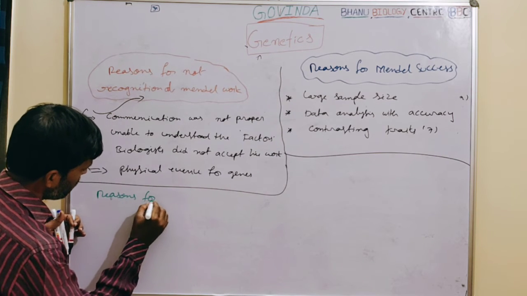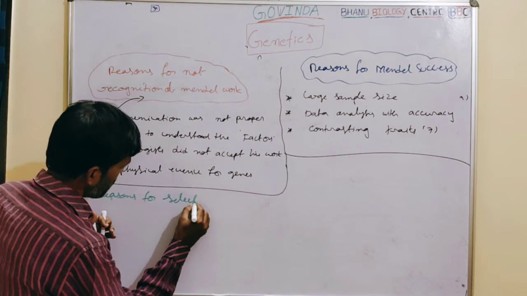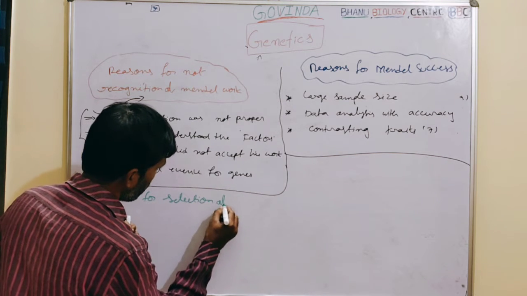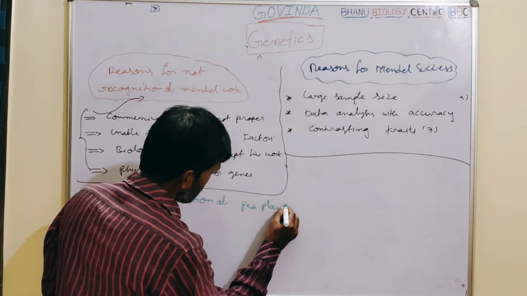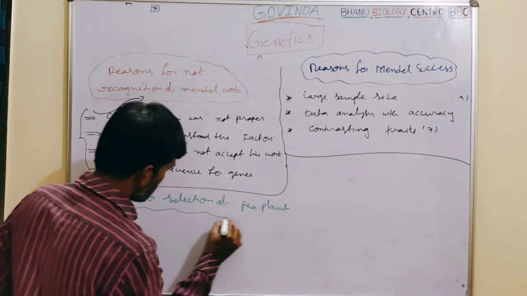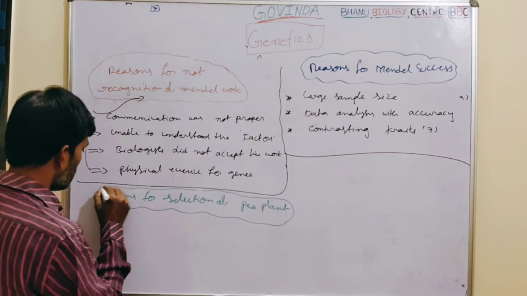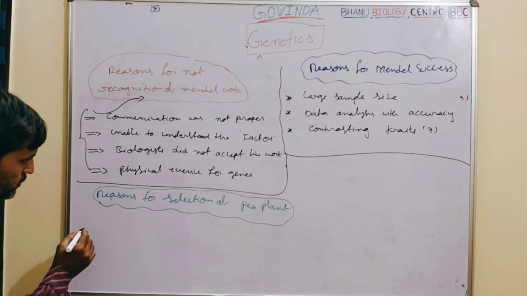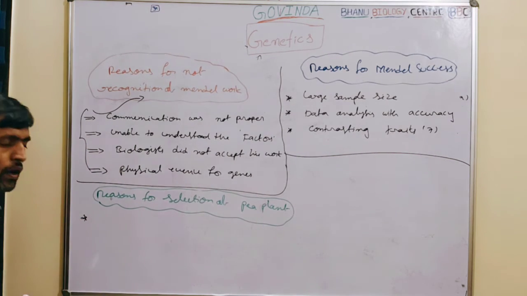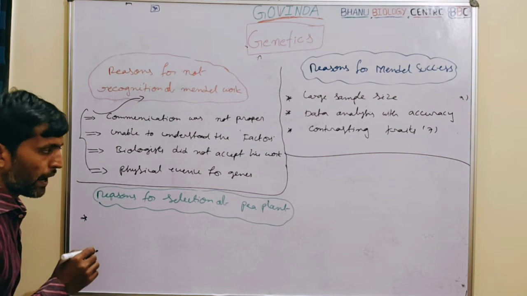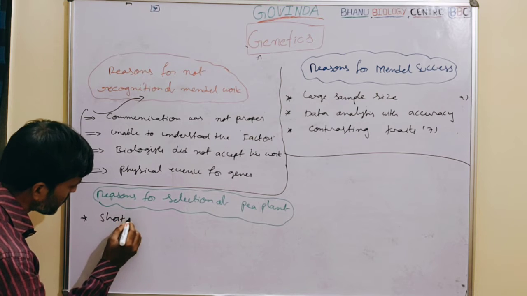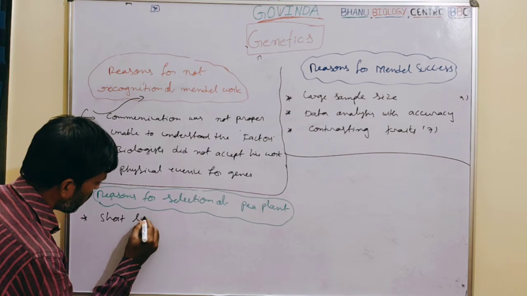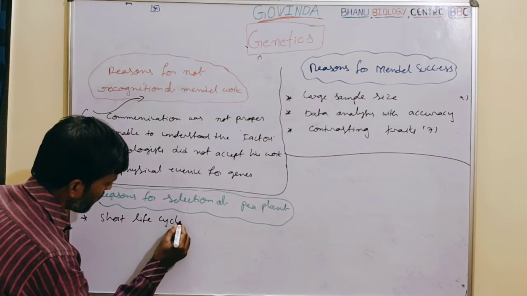Reasons for selection of pea plant. The reasons are very simple. The first reason is Pisum sativum has a short life cycle.